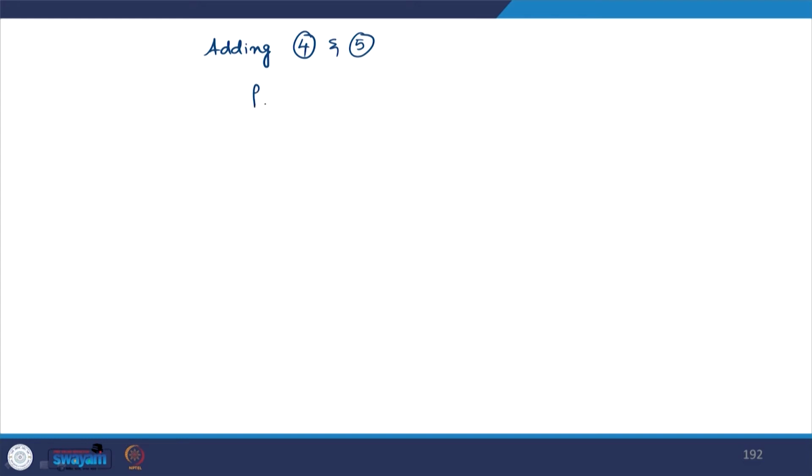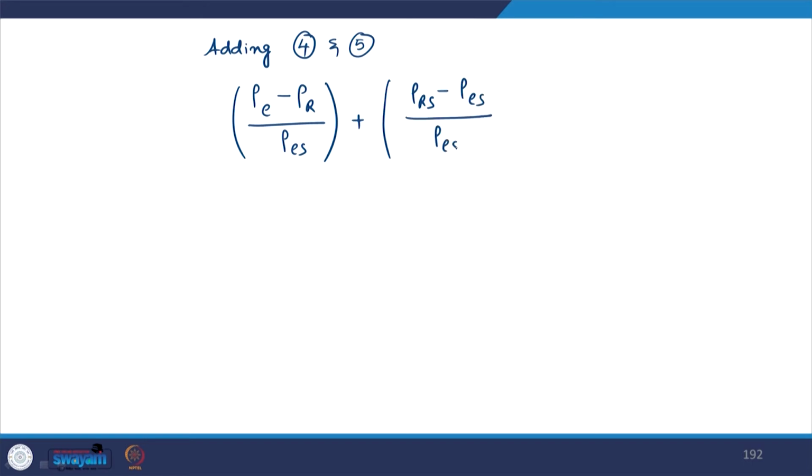We will get on the left-hand side (rho_e − rho_r) divided by rho_es plus (rho_rs − rho_es) divided by rho_es, which is equivalent to (rho_e − rho_r) plus (rho_rs − rho_es) divided by rho_es.